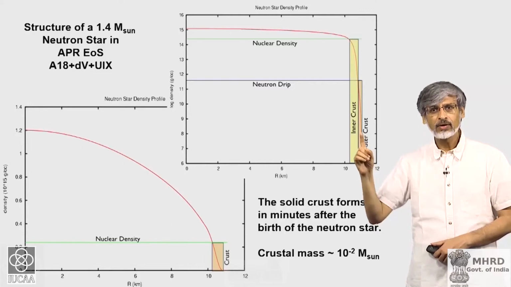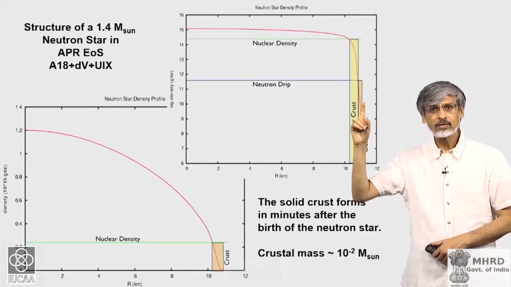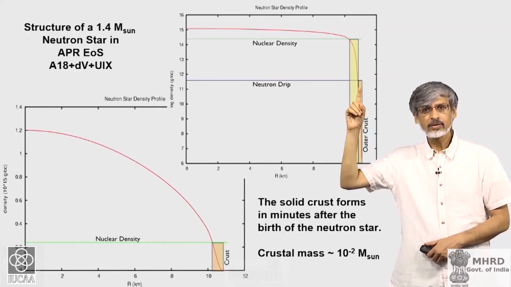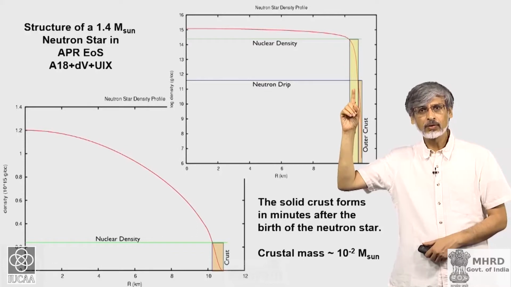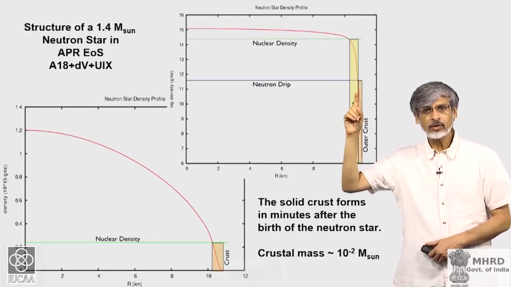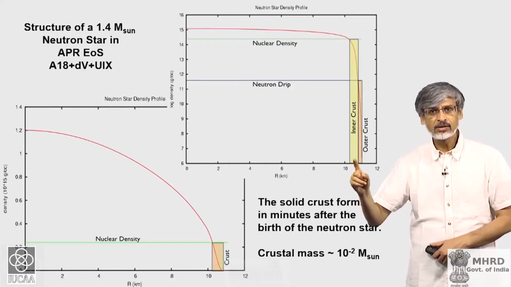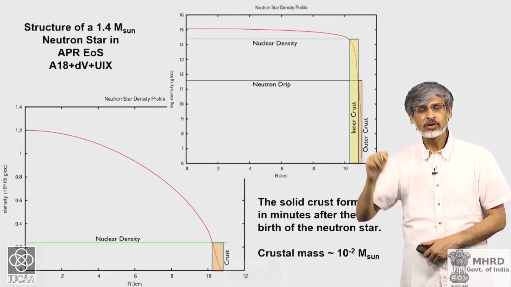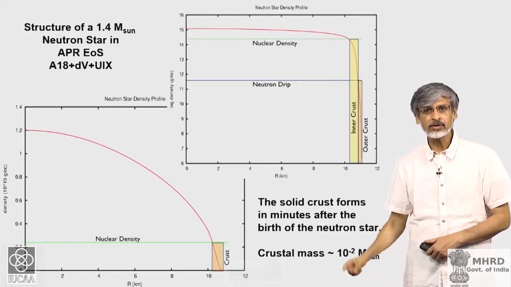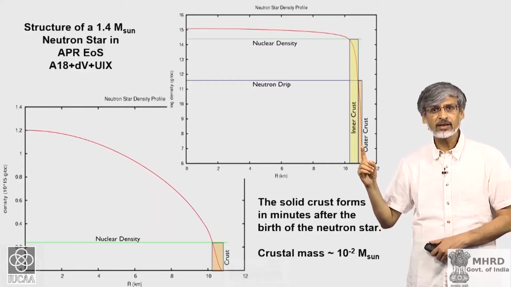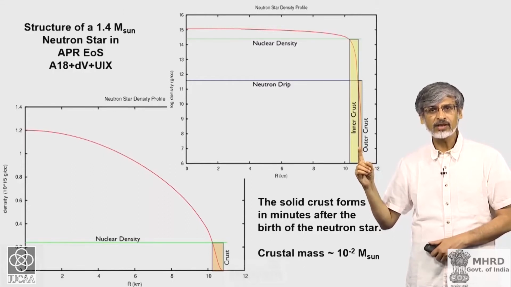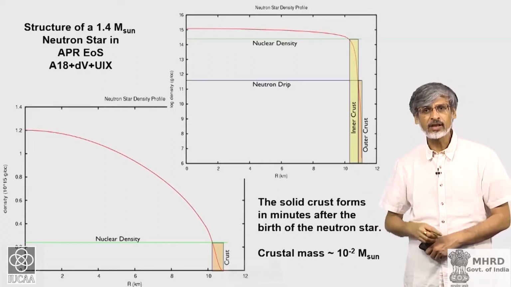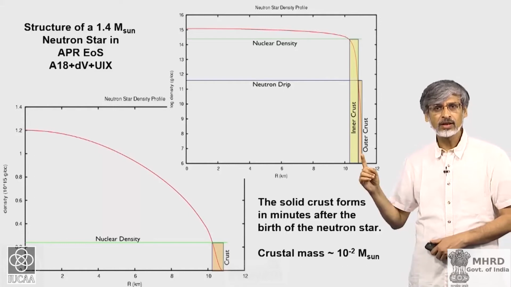That is the region where all the baryons are in nuclei, and it is at this point, as you go to higher densities, free neutrons begin to appear. So, in this yellowish shaded region, you have a mixture of both nuclei and free neutrons. So, this outer part of the crust is called the outer crust, and the part of the crust where both free neutrons and nuclei coexist is called the inner crust.